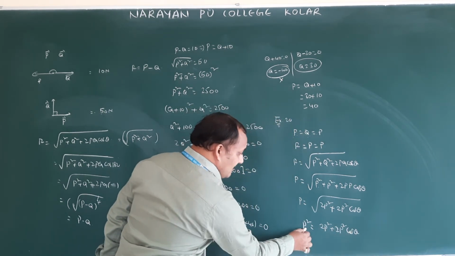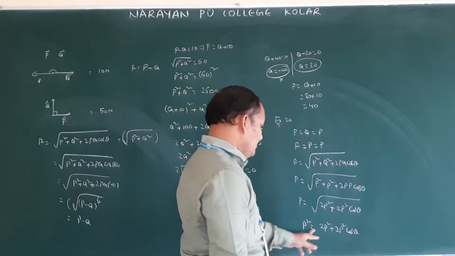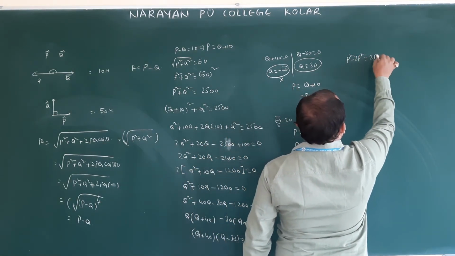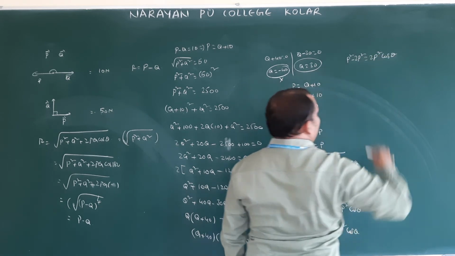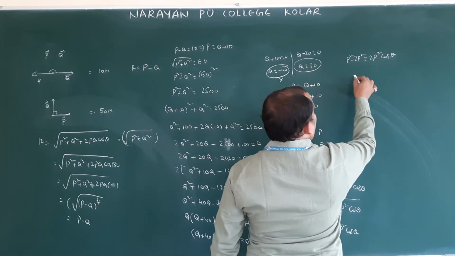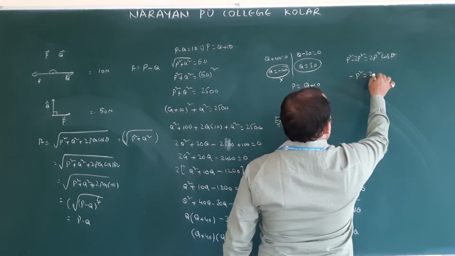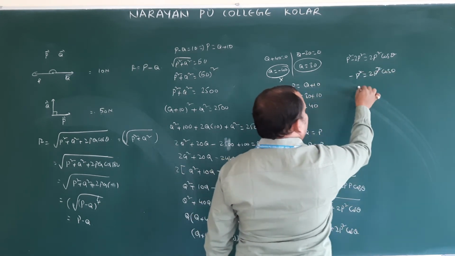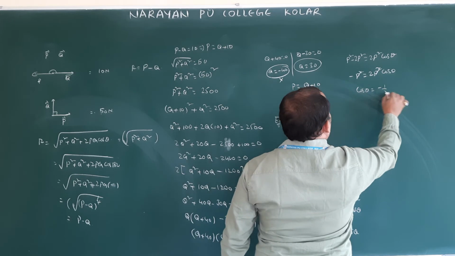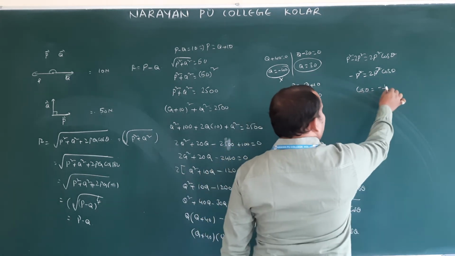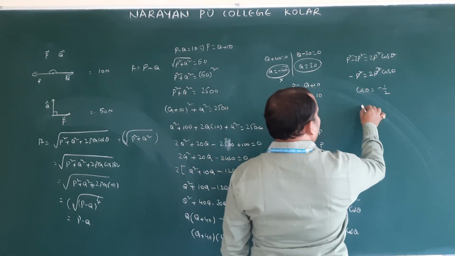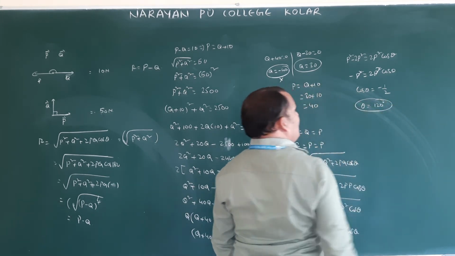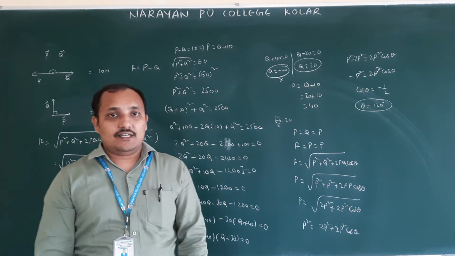So this 2P square will be coming this side: P square minus 2P square is equal to 2P square cos theta. P square minus 2P square is nothing but minus P square, equal to 2P square cos theta. P square will be cancelled. Cos theta equal to minus 1 by 2. Cos theta minus 1 by 2 means theta value how much? Previously we discussed theta value: 120 degrees, isn't it?